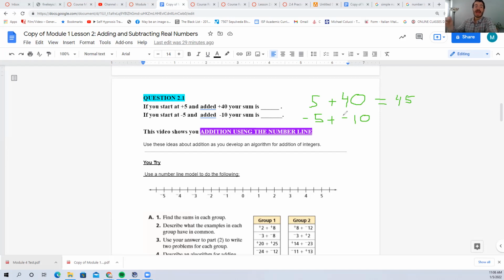So we know when it's a party, we're going to add the two of them together, which is 15. And the sign is going to be the same sign as the numbers. -15. I use these ideas about addition to develop an, I struggle with that word, algorithm for addition of integers. Okay.